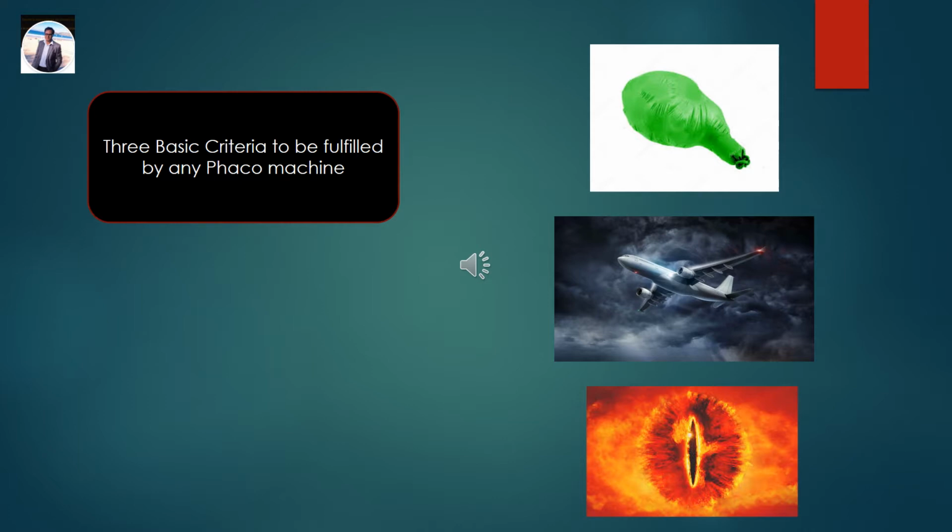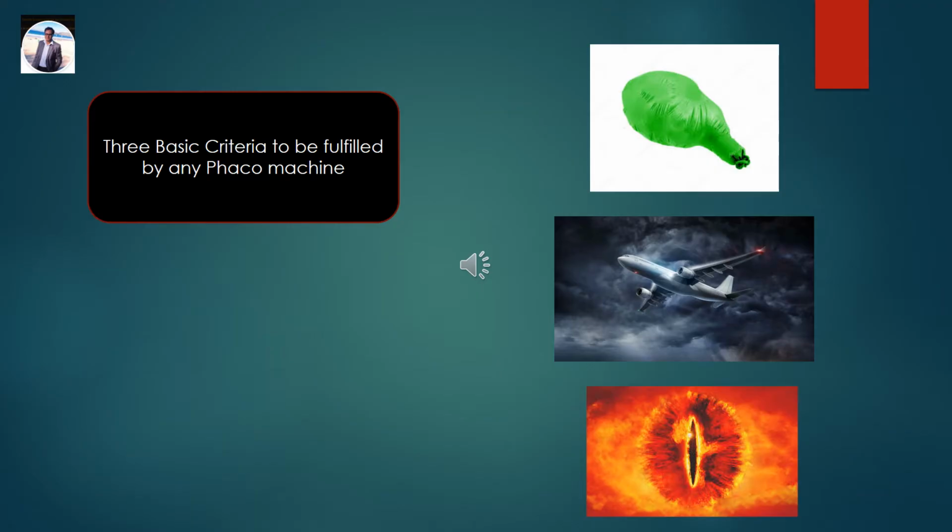The second principle of phacoemulsification is minimal turbulence. Whether you are in an aeroplane or you are doing a phaco in the eye, you do not want turbulence. That's not something which is desirable. What happens when you have turbulence inside the eye? There's a lot of fluidic turbulence.